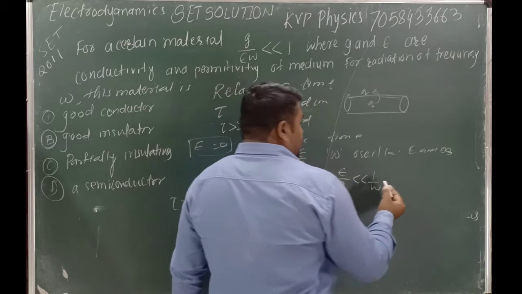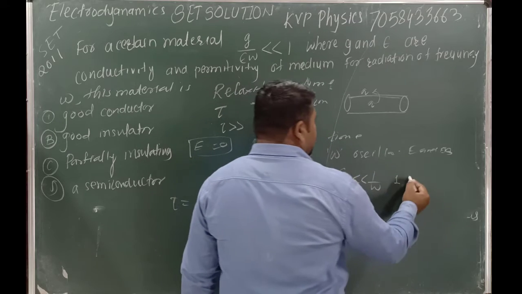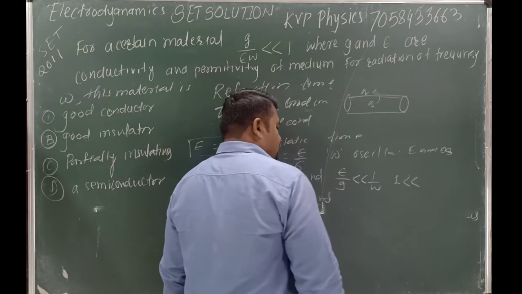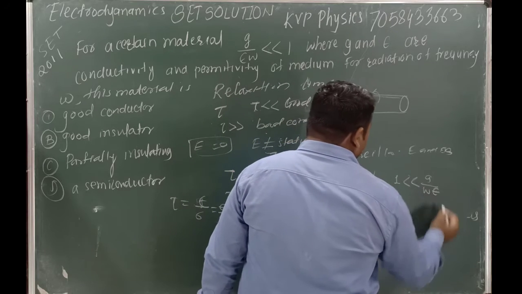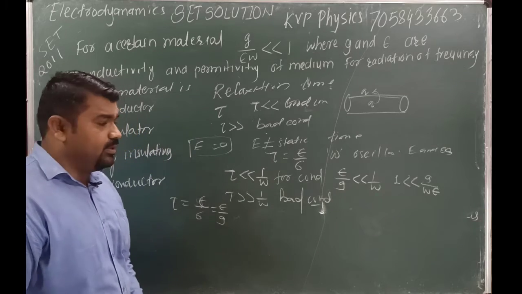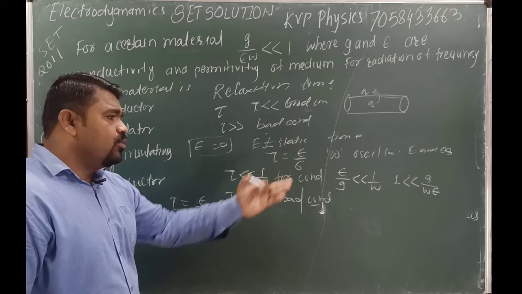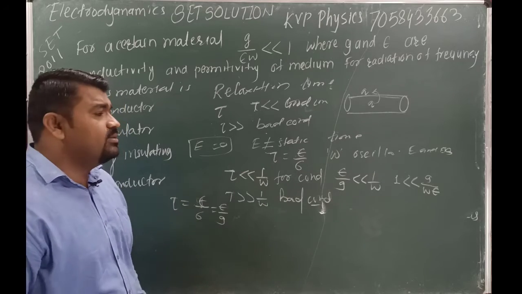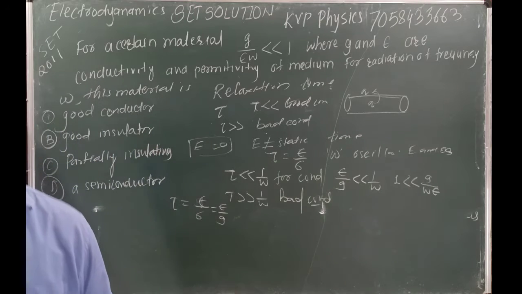Means 1 is very less than G upon omega epsilon. For which case? For the conducting case, good conductor. What is the condition? 1 is very less than G upon omega epsilon. Yes or no?